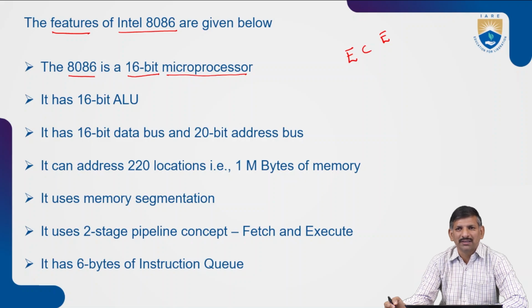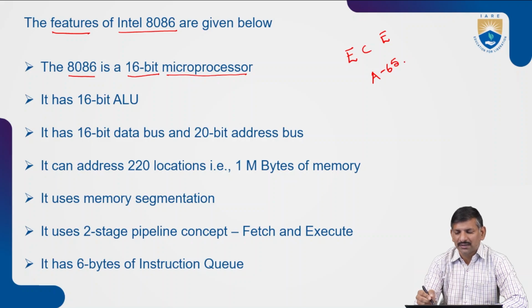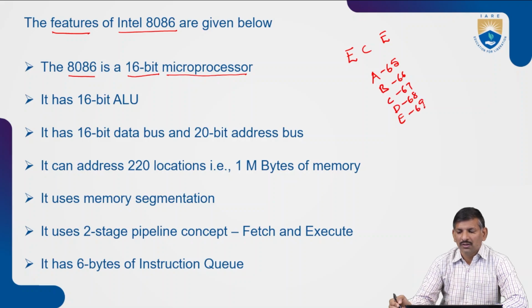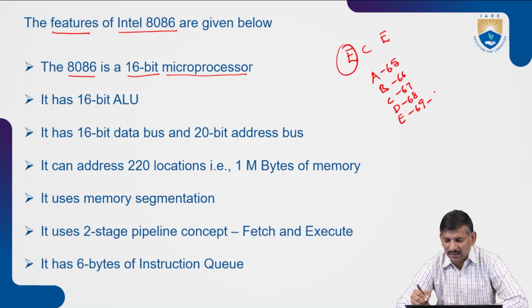Suppose capital A is 65, that is the ASCII number. Then B, C, D, E. For capital E, the ASCII number is 69.